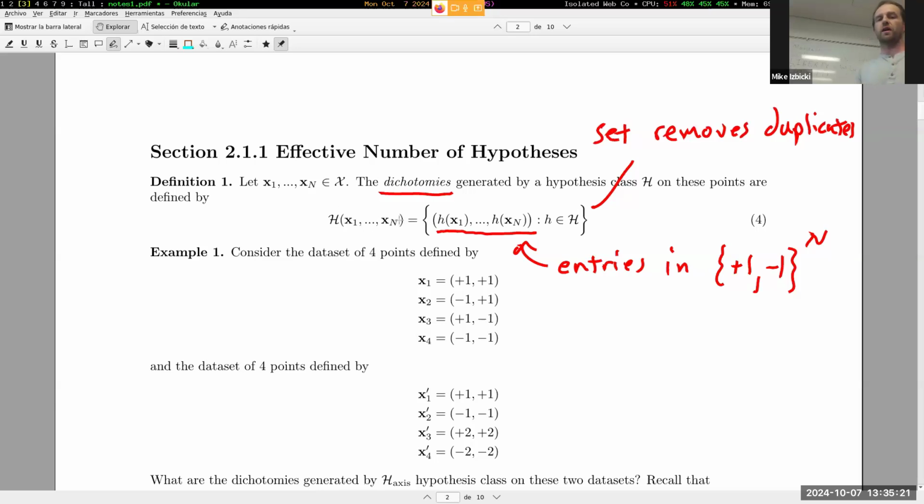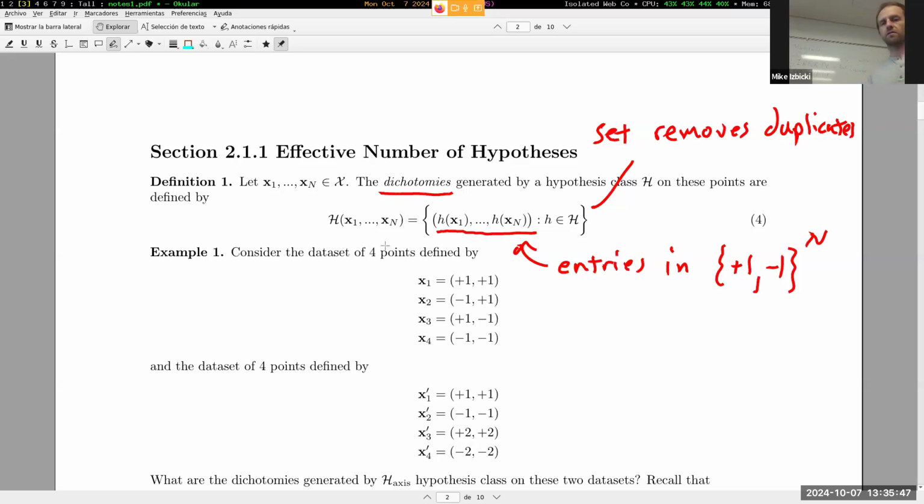Normally when you see a parenthesis next to a thing, you think of a function, but this is not applying things to a function, because this H is not a function. This is a set. The reason we're using function notation is because we are applying these values to every element of that set. So it's kind of like applying to a function, but it's not really applying to a function.